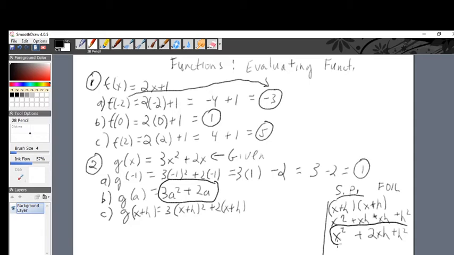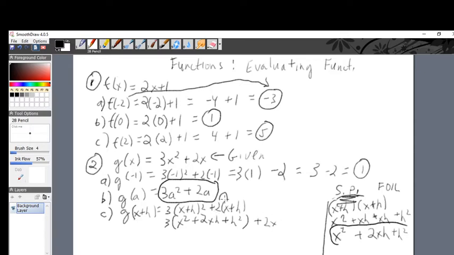That is what I have. Come back to this, that was scrap paper work. Bring this over here, bring it back to us, and it becomes 3 times x squared plus 2xh plus h squared, 3 times that, and then 2 times x plus h.